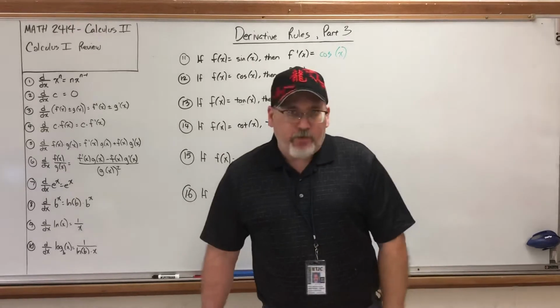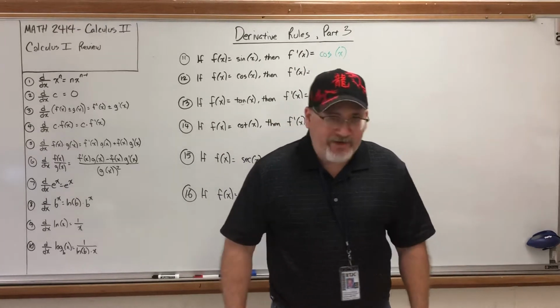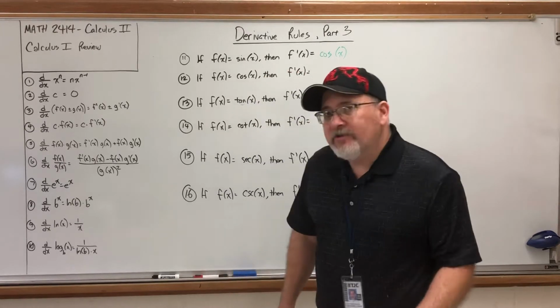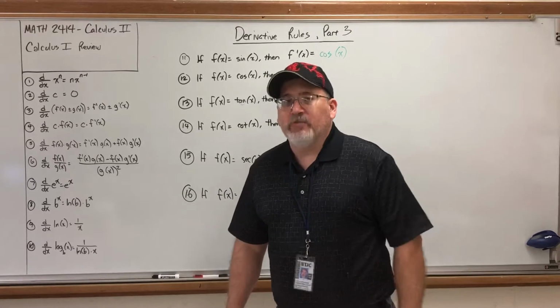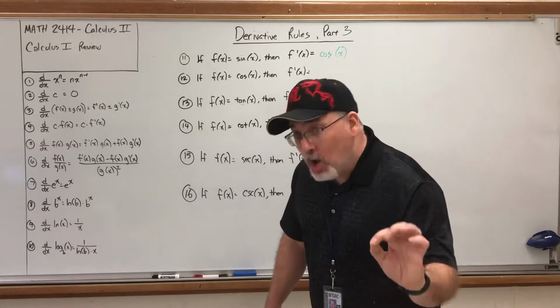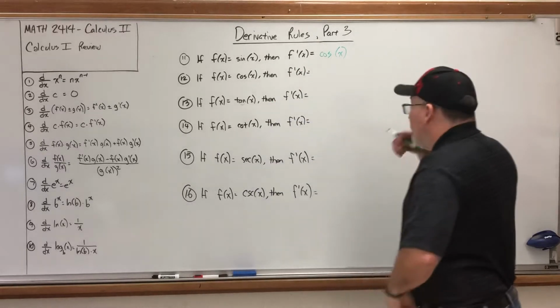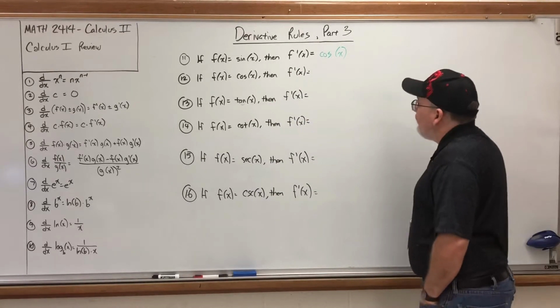I expect you to know things like Pythagorean identities, quotient identities, and reciprocal identities. And if you don't know what I'm talking about, get with me and I'll hook you up with some material to review a lot of the trigonometry that you've got to know in this class, early and often. But I digress. The derivative of sine is cosine.